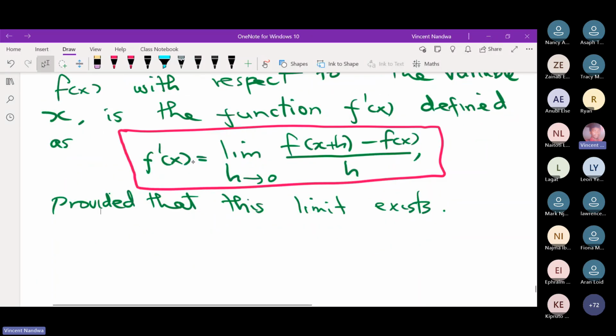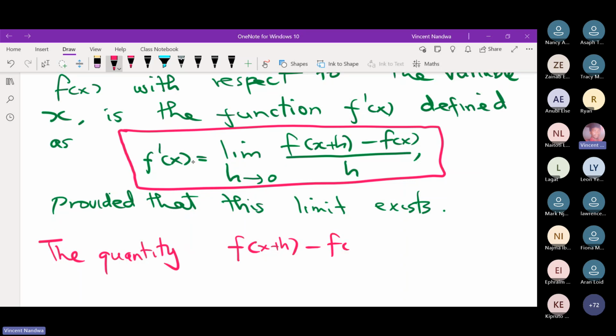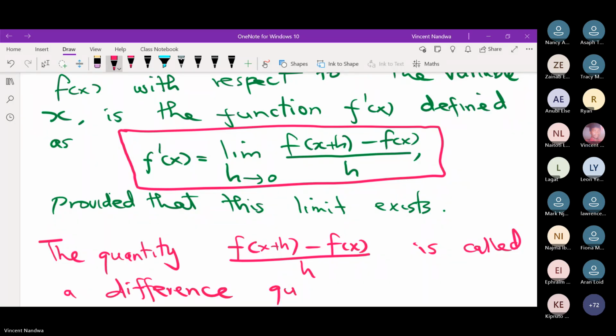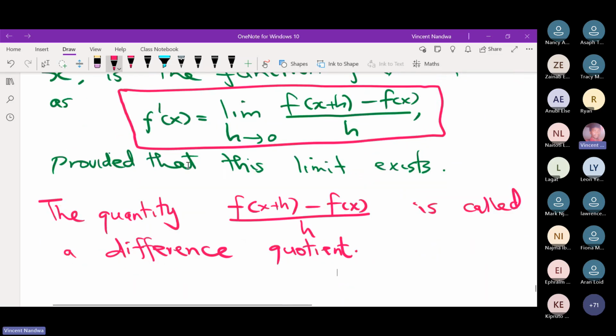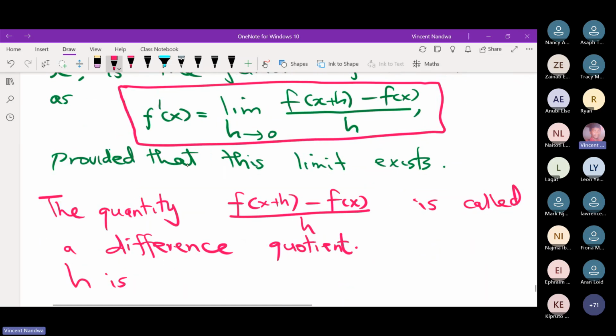This quantity is called a difference quotient, and this h is a small change in x.